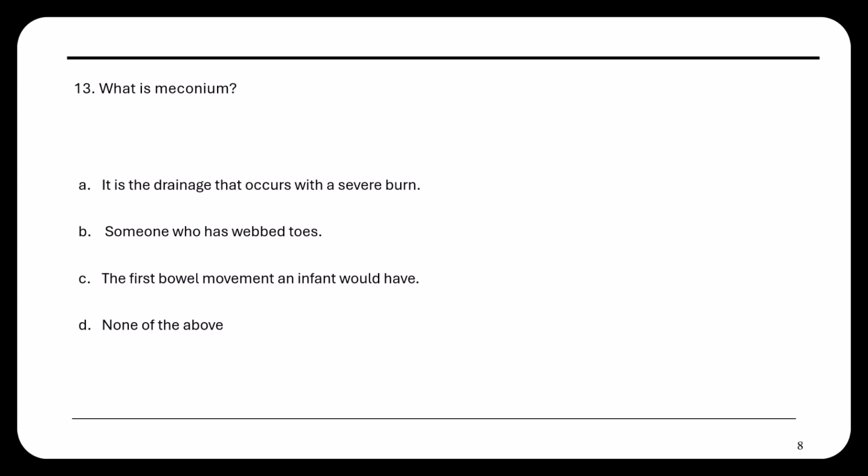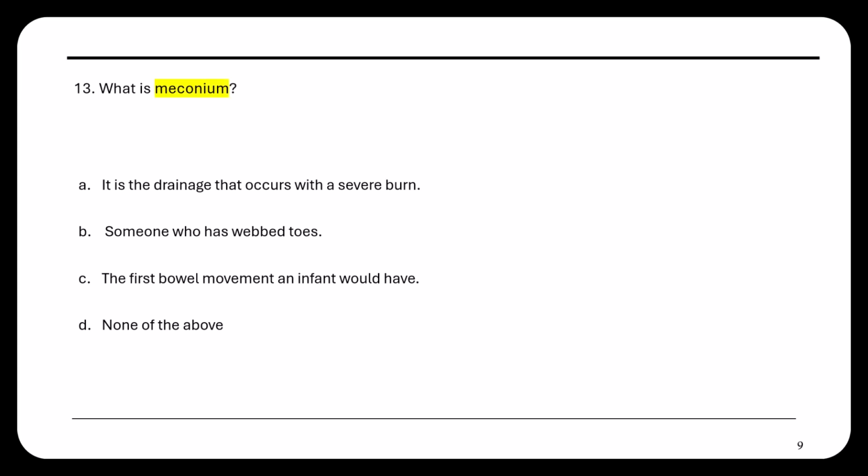I go to the index. Sometimes you'd be surprised. You can find out a lot of information in the index. So they are saying, what is meconium? It is a drainage that occurs with severe burn. It's someone who has webbed toes. It's the first bowel movement an infant would have, or it's none of the above.